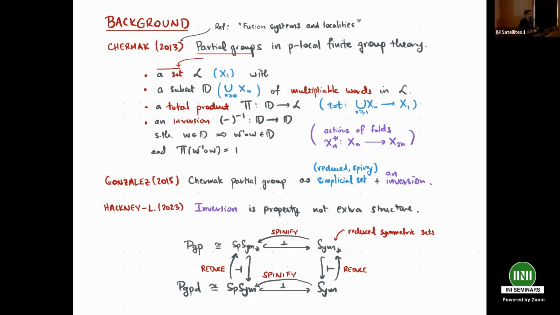So there's a nice left adjoint, which may be called spinification, and you can actually write down exactly what it does. I don't have time to describe it here, but one consequence is that it makes it easy to compute colimits in this category, because you can just compute it in symmetric sets and then spinify, and that's the colimit of the diagram, say in partial groupoids.